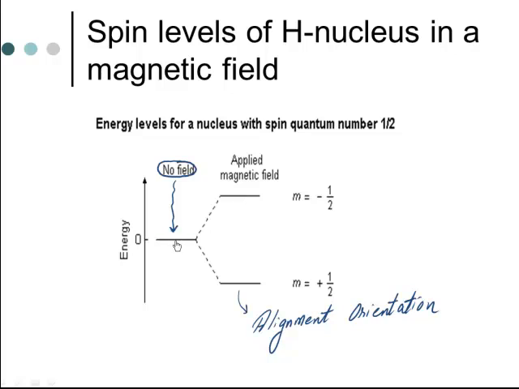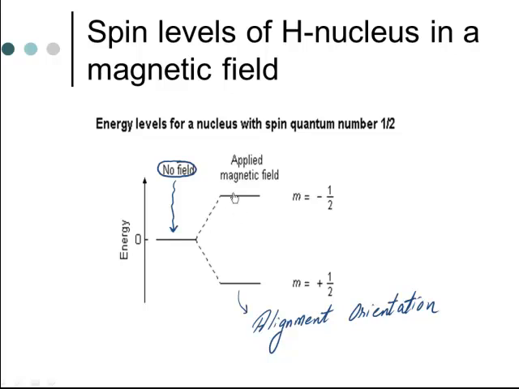So I'll repeat, a hydrogen nucleus when not placed in a magnetic field has only one energy state. However, once it is placed in a magnetic field, it has two energy states available, one with lower energy where it spins in such a way that the magnetic field which the proton generates is in the same direction as the applied magnetic field, whereas the higher energy orientation is called the non-alignment orientation.